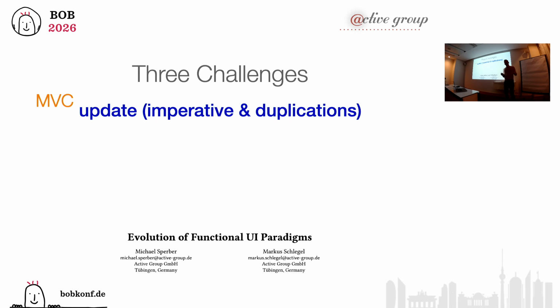One they call the update challenge, and that is, in the MVC approach, you write the code to create views twice. You write the actual initial view creation and then update code when things change to manipulate in place the existing structure you've got. And that is very similar to the initial code, but not really the same. So you have two versions. So MVC is not good at this.